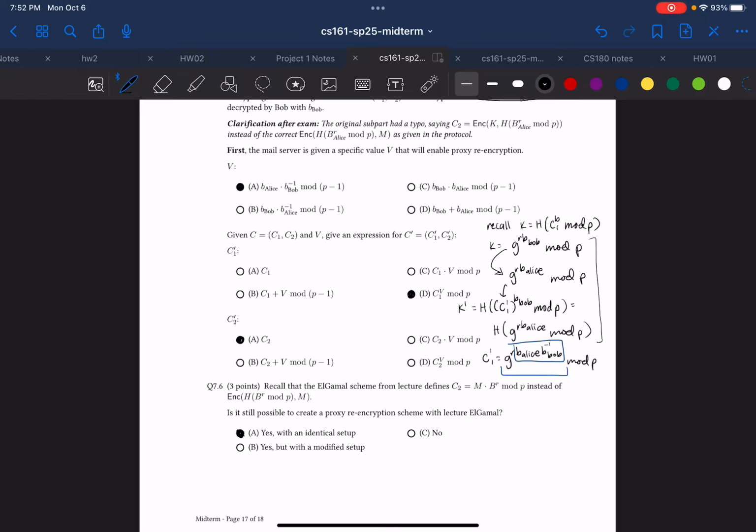Since the only thing we change between the two schemes is how we actually encrypt, that's totally independent of how we defined our key. And so this whole proxy re-encryption scheme should work exactly the same for both El Gamal schemes.